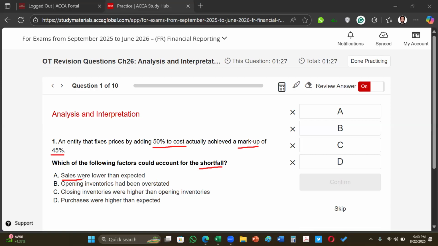The problem here is that since we usually have 50% markup, but this time we had 45% markup, this means that we were able to charge a lesser selling price. But here we only sold fewer goods. Sales were lower than expected; we thought that we would be selling this many products and we could not achieve that. So this has got nothing to do with the margin. You need to understand the situation. I hope this makes sense.